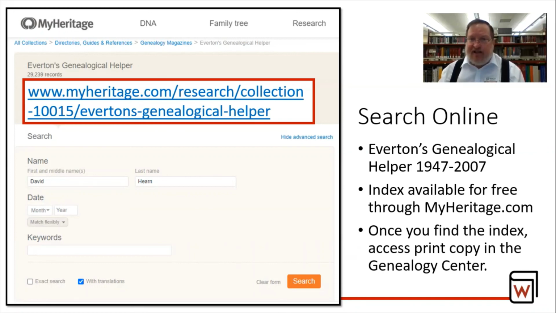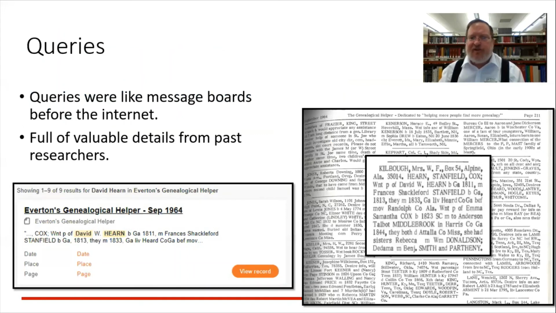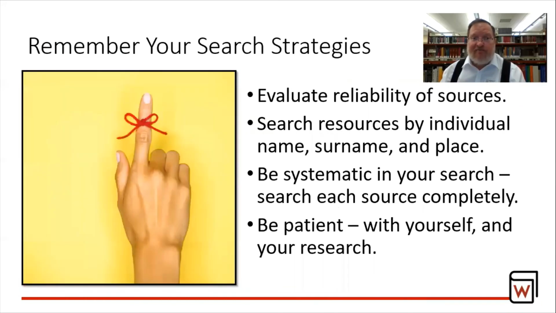Once you find a name in the index, we have access to most of these titles in our collection. So this is what a query looked like. It was very abbreviated, you would run it like a one-line ad, and people would read the magazine monthly and see that somebody was looking for possibly your ancestors' information, and they could correspond. That's what a lot of people remember as queries.